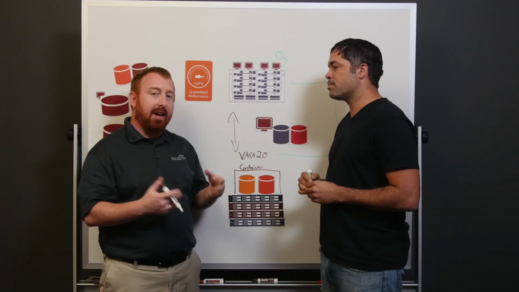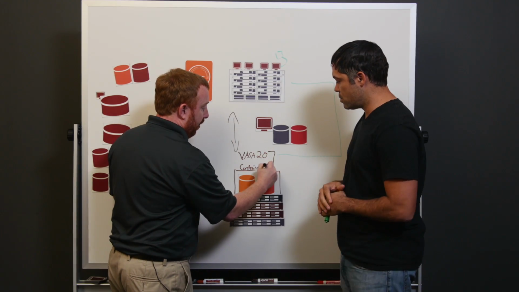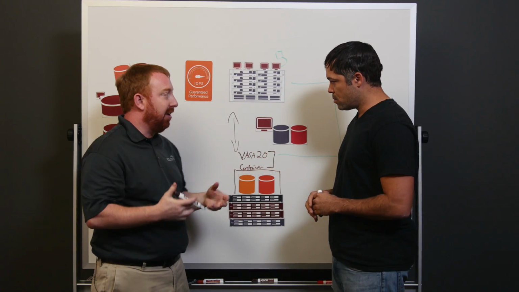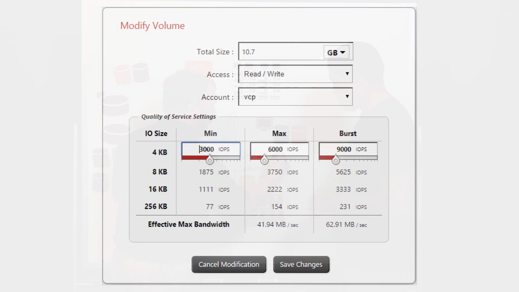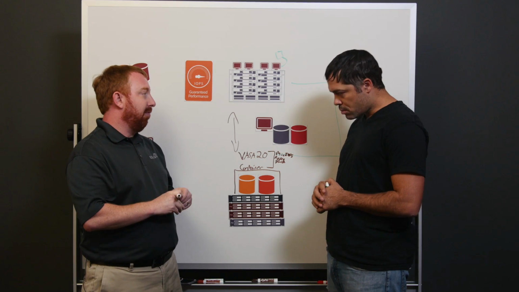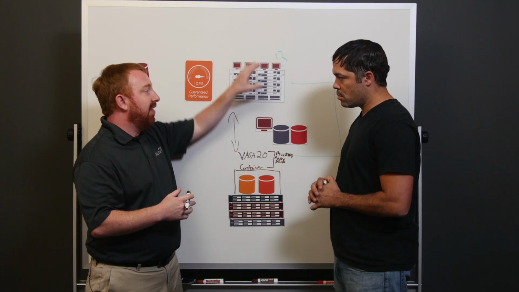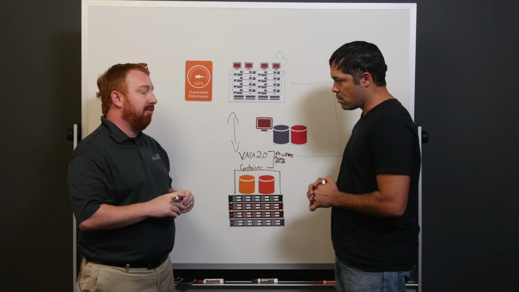Right, and so from a SolidFire perspective, in that metadata that is presented up from the VASA provider, we provide things like minimum IOPS, max IOPS, and burst IOPS. Also, if we have things like encryption at rest on the cluster that the storage container is a part of, we can present those up to be leveraged by storage policy-based management.